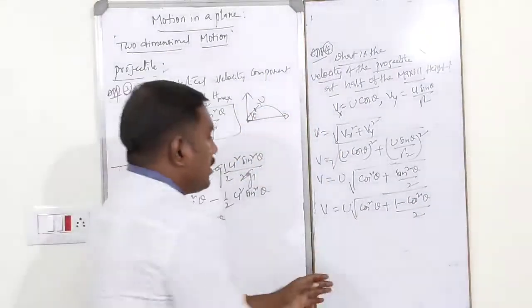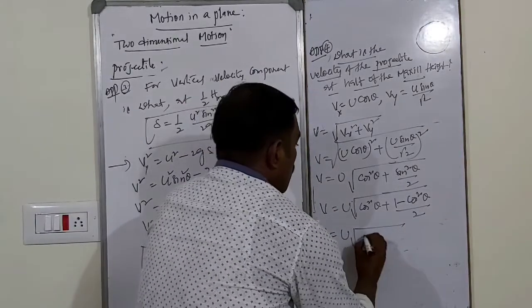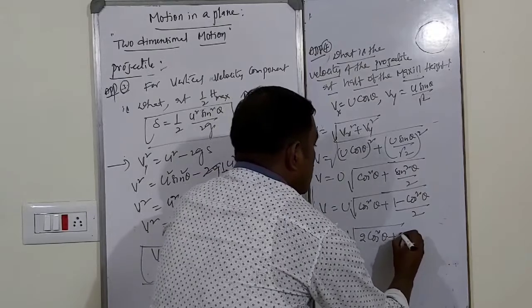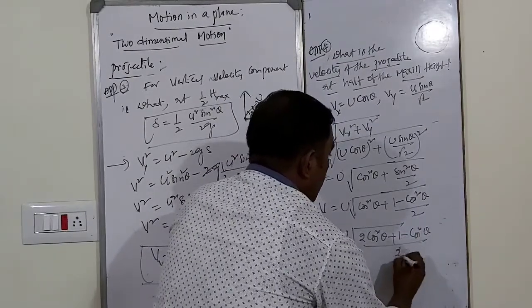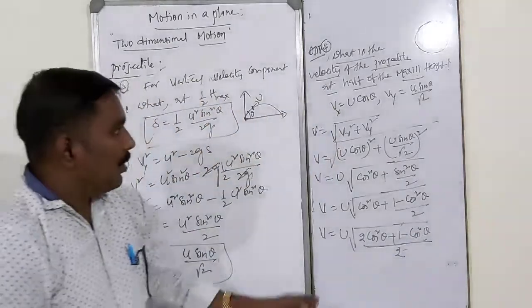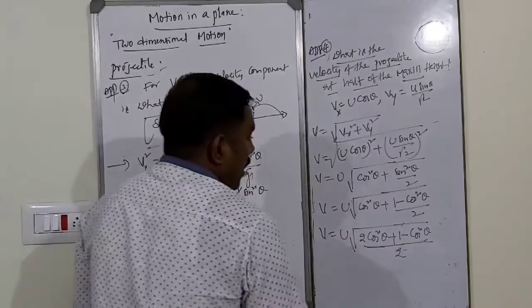Then taking the LCM, V is equal to u square root of 2 cos square theta plus 1 minus cos square theta, whole divided by 2. So 2 cos square theta minus cos square theta is only cos square theta.